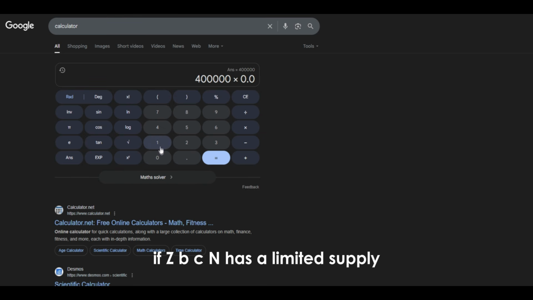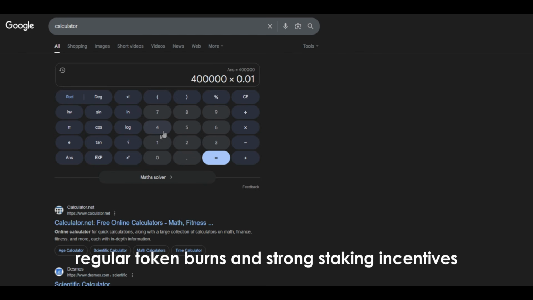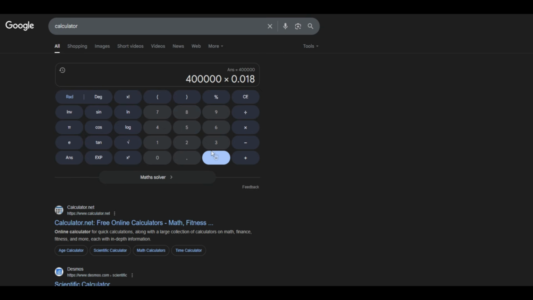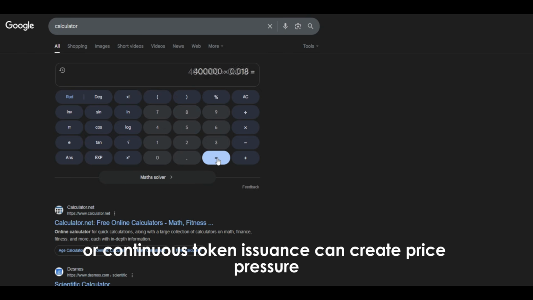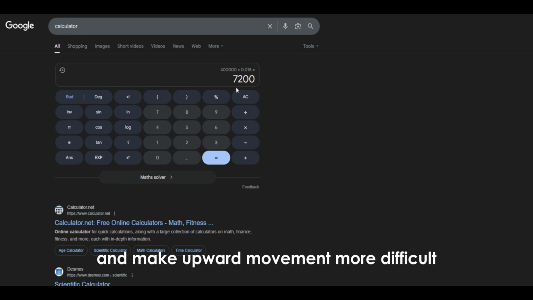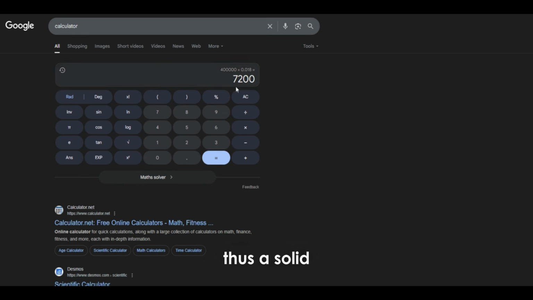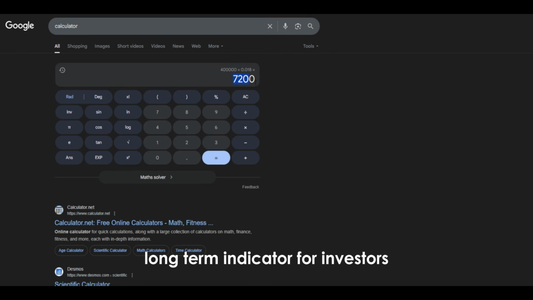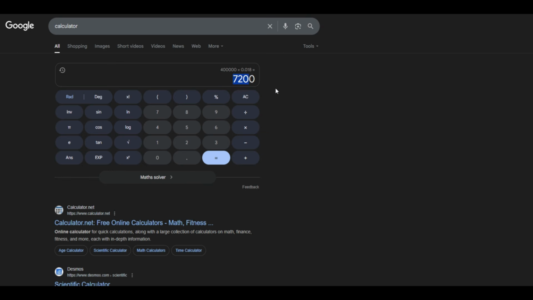If Zbcn has a limited supply, regular token burns, and strong staking incentives, this can restrict supply and support price appreciation. On the other hand, high supply or continuous token issuance can create price pressure and make upward movement more difficult. Thus, a solid and sustainable economic model is considered a positive long-term indicator for investors.